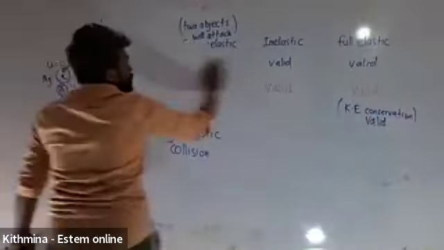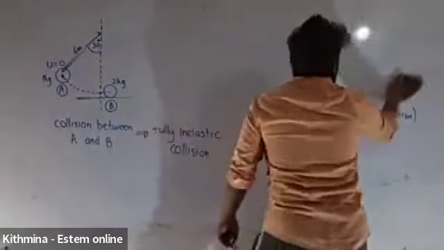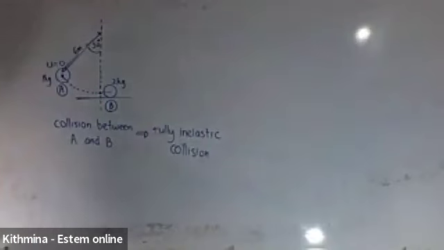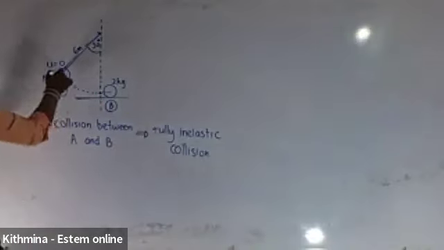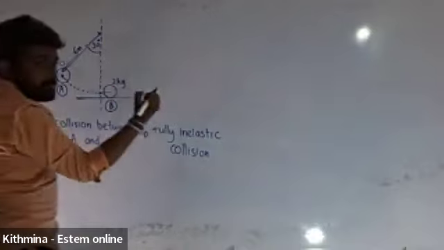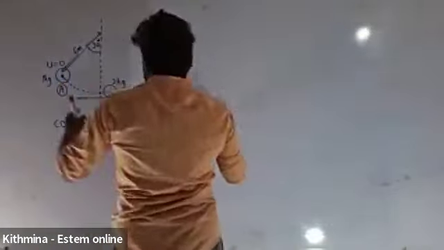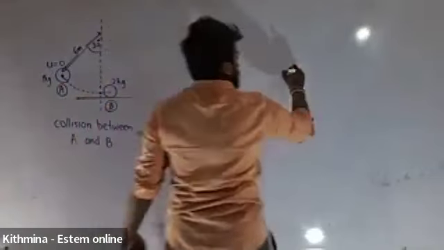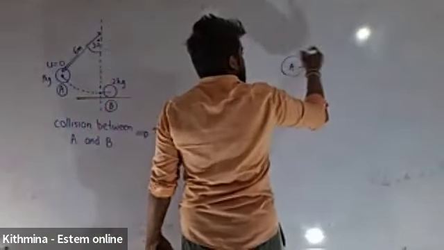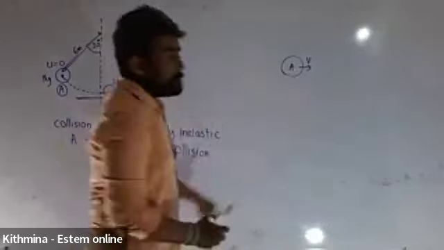Then this is a fully inelastic thing. The fully inelastic collision means this ball A attaches when they collide. Before the collision, A is coming with some velocity.